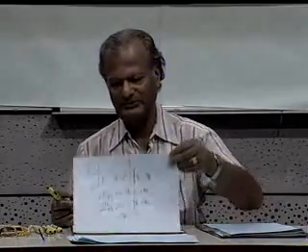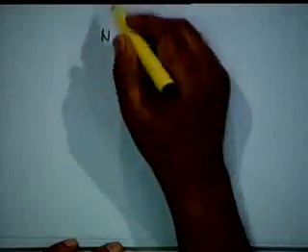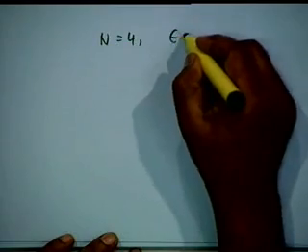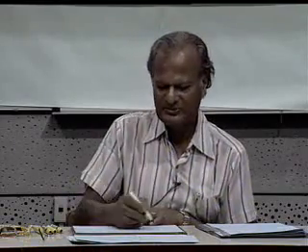As an example, is it okay? Okay. As an example, suppose capital N is equal to 4 and epsilon equal to 0.8. Then the calculation proceeds like this. You can make a small program.